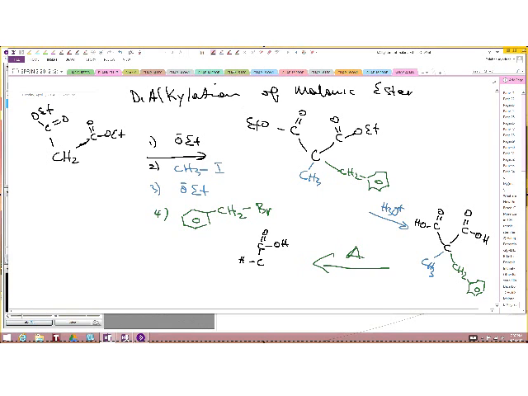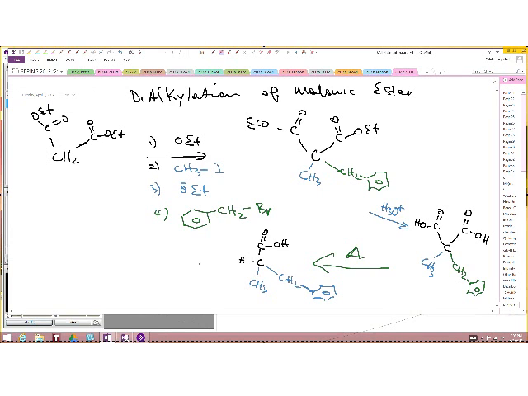It is coming from here, and then you have this here and this here. So I could give you this compound here, and say provide a synthetic scheme for this compound starting from malonic ester.